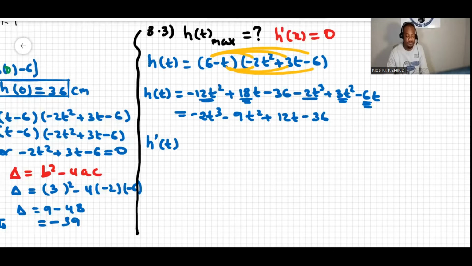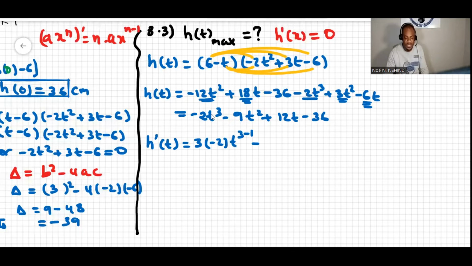We do the derivative by following this formula. I'm going to write the formula here. The derivative of a x to the power of n is equal to n times a x to the power of n minus 1. When we differentiate a polynomial, we differentiate each term. So we find the derivative of negative 2t cubed: 3 times negative 2, t to the 3 minus 1.